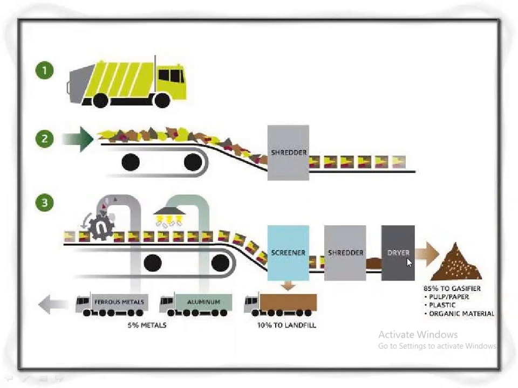Shredding is done. Drying of solid waste is done in this container and it is sent to the gasifier, 85% to the gasifier for making pulp, paper, plastics, and organic material that are taken out.